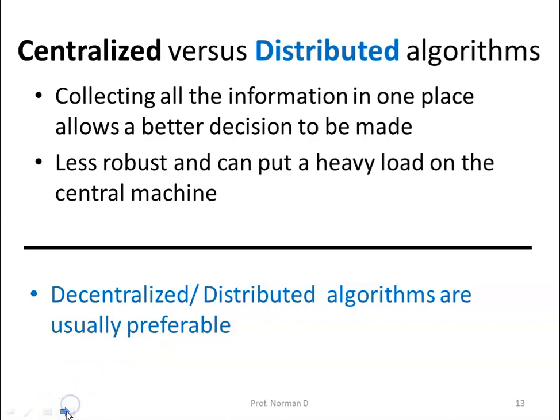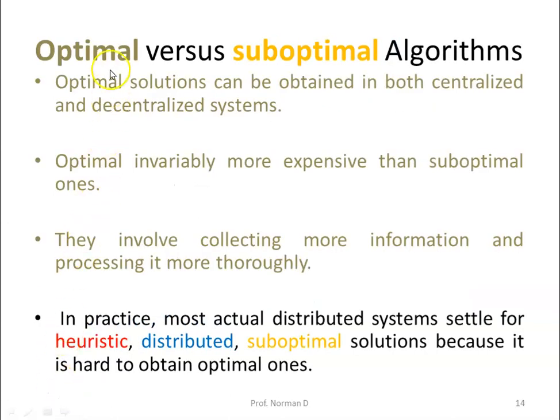The third issue is with respect to optimal versus suboptimal algorithms. Here we are trying to find the best allocation or merely an acceptable one. Optimal solutions can be obtained in both centralized and decentralized systems, but are invariably more expensive than the suboptimal ones.